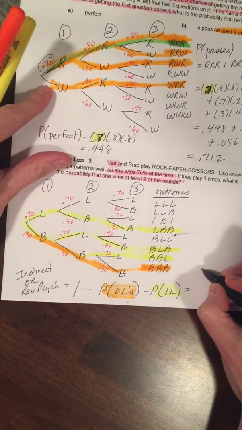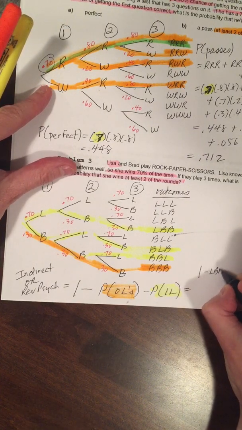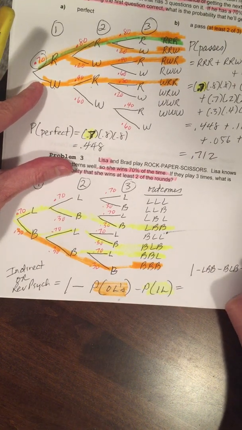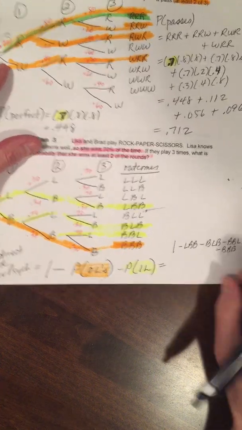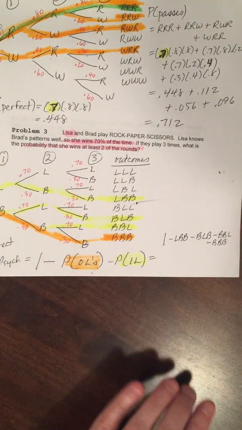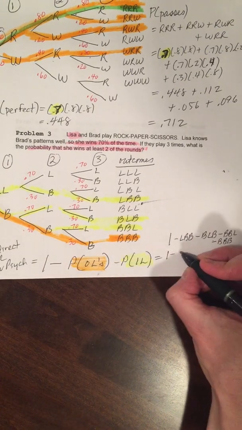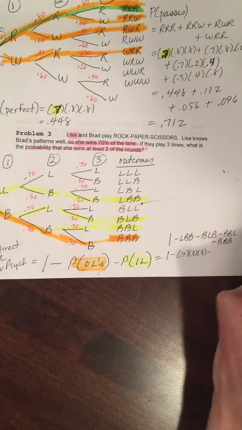Okay, so I'm going to have 1 minus Lisa, Brad, Brad, minus Brad, Lisa, Brad, minus Brad, Brad, Lisa, minus Brad, Brad, Brad. Lisa, Brad, Brad: 0.7 times 0.3 times 0.3.